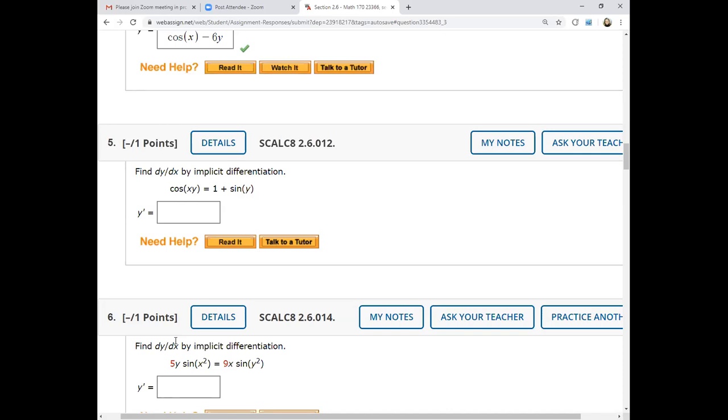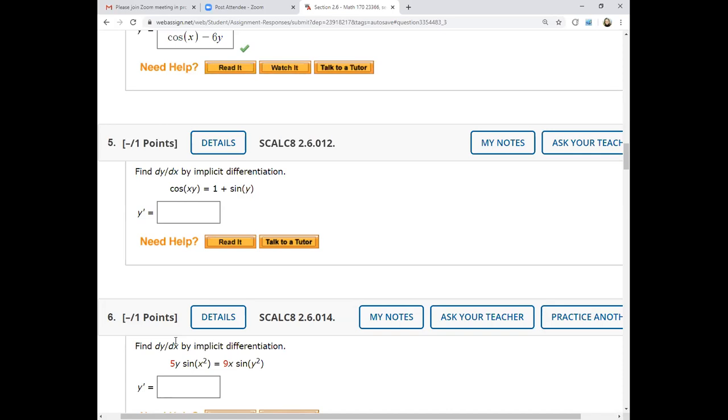Can you explain again that x and y part, the one on the left side? How did the y become 1 again? First you differentiate the cosine, which gives the negative sine. You write the argument just like it is: negative sine xy.